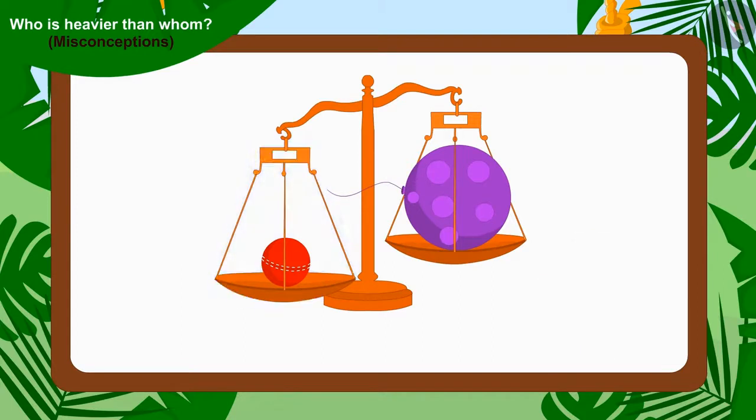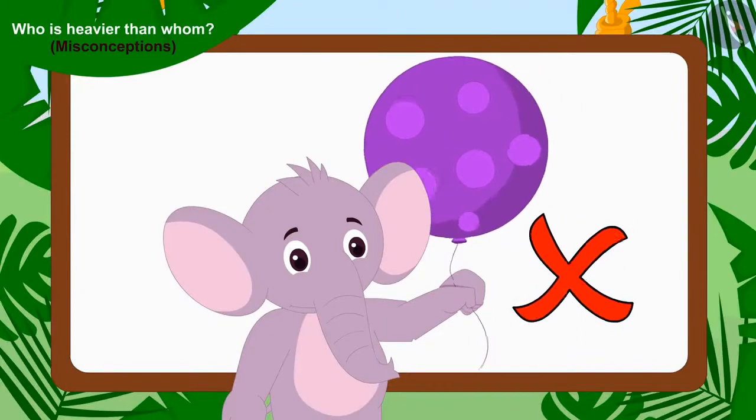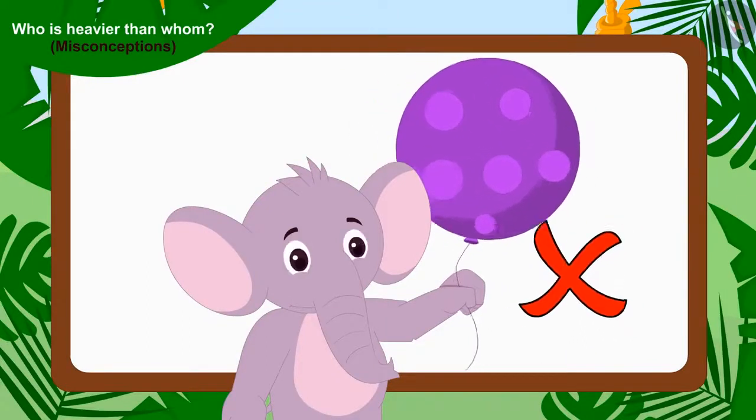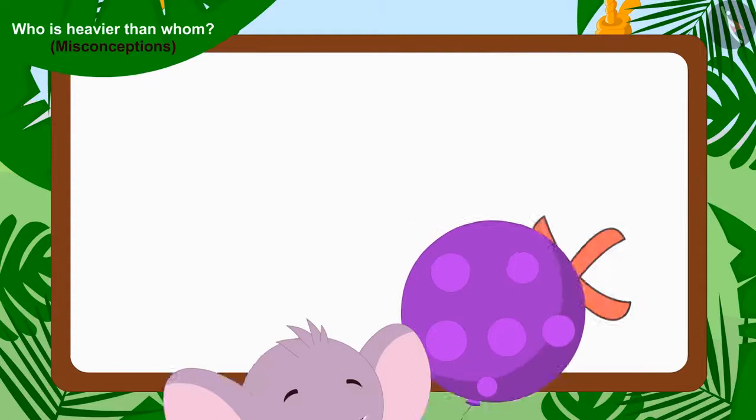Yes, the plate that contains Chanda's cricket ball has tipped downwards. This means Chanda's cricket ball is heavier than Appu's balloon. This means what Appu said is not right.